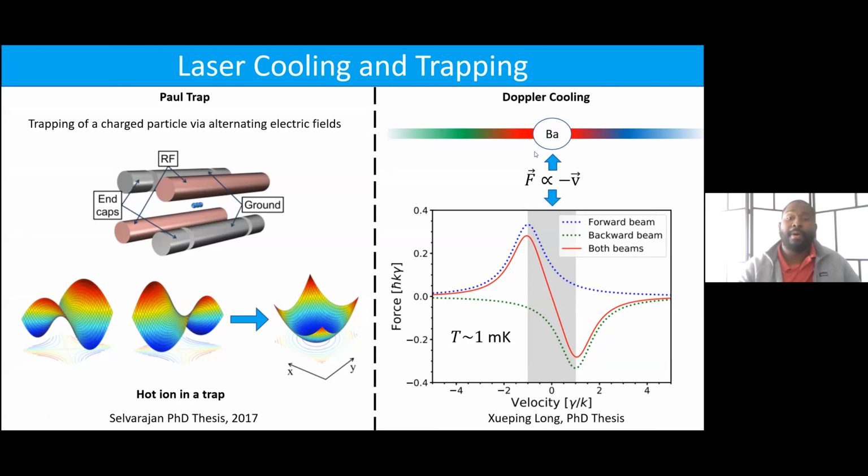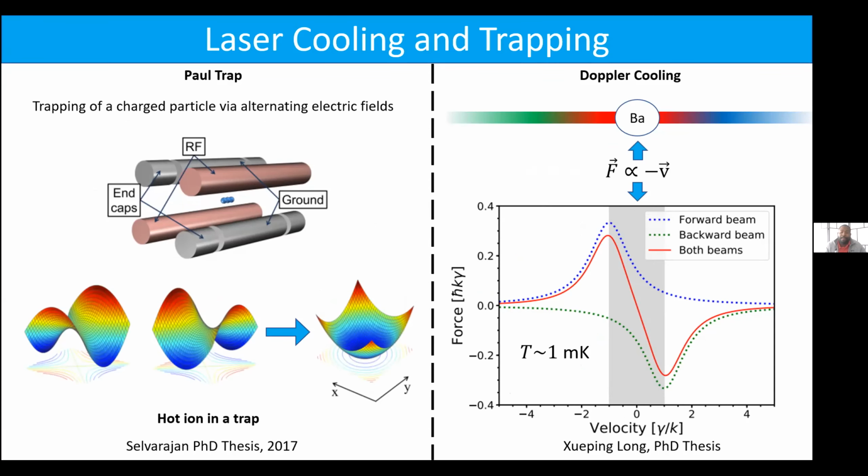If I'm careful about what the frequency of the lasers are relative to some transitions, one gap between the energy levels in the barium that I showed you on the previous slide, then I can apply forces to the atom that are the result of Doppler shifting the light frequency to make it look like the light is resonant with some transition in the atom.